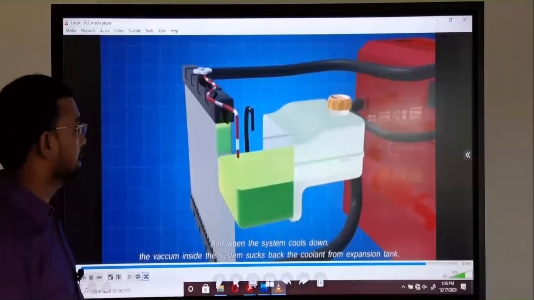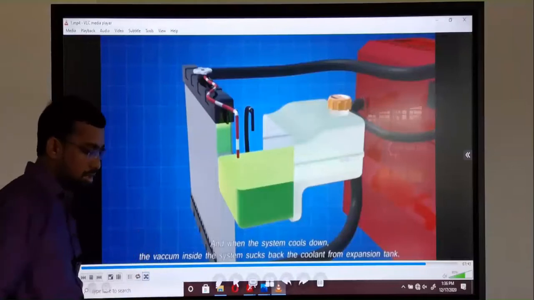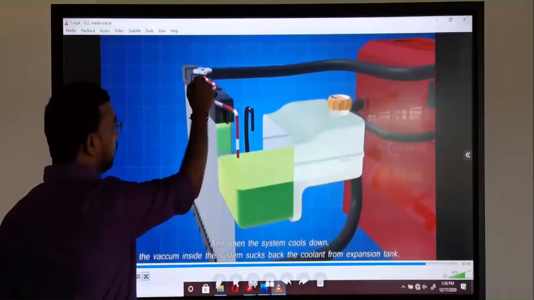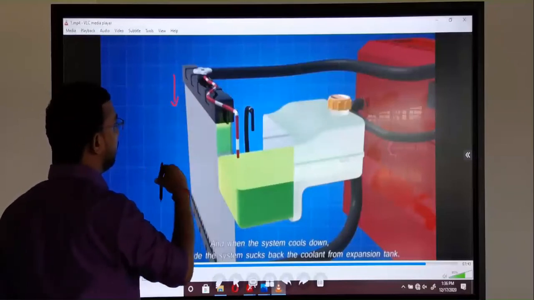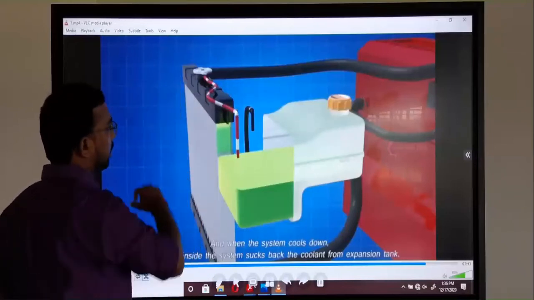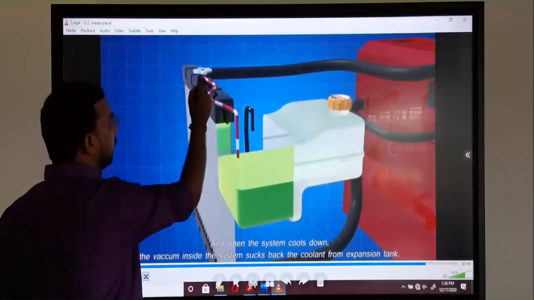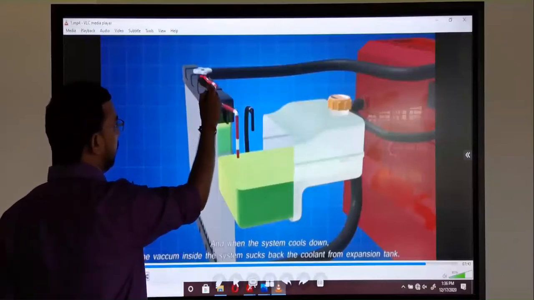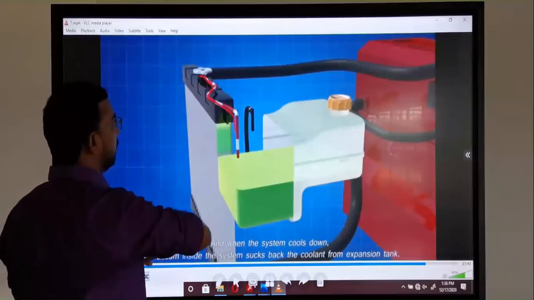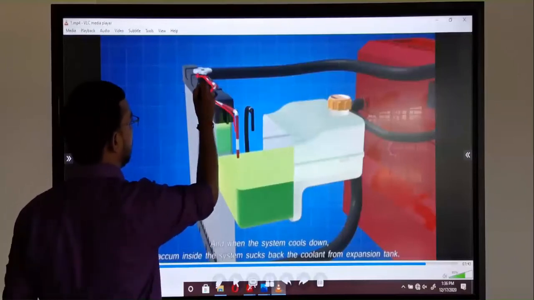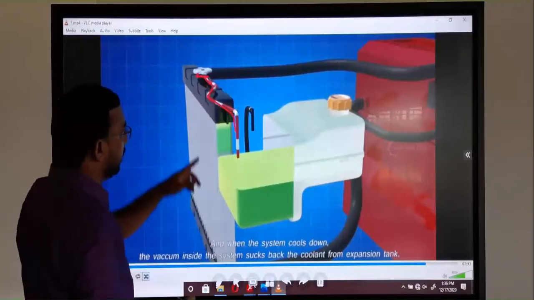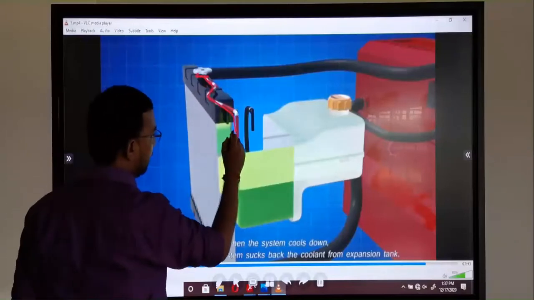The other process: the engine coolant temperature is reduced. What will happen when it is reduced? There is a vacuum here because this valve is now closed. There is no coolant in the pipe, so there is a vacuum, a space or area.